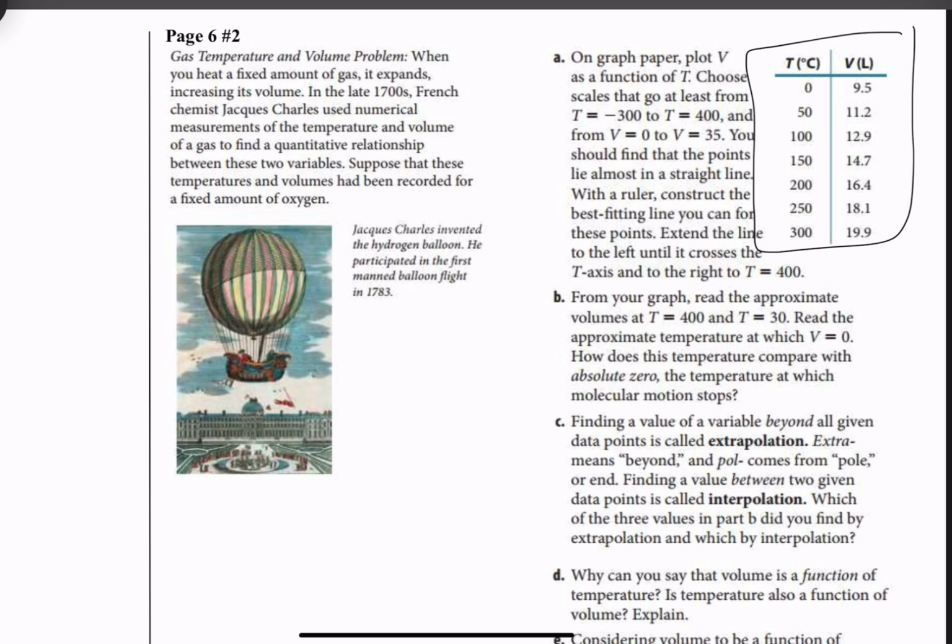Now they said that V is a function of t. We know that our inputs are t, or temperature, and our outputs are V. So I know that my function can be written as V of t. That helps me name the function and understand what's going in and what's coming out.